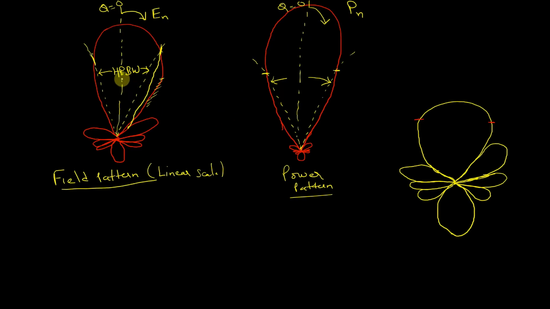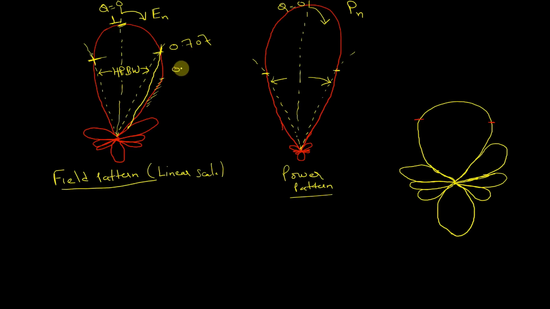Here we have written HPBW, this is half power beam width. Now if we see here, the field pattern is maximum here. So these points are 0.707. If this is 1, these points are 0.707. These points are called the field pattern at 0.707 of its maximum value.